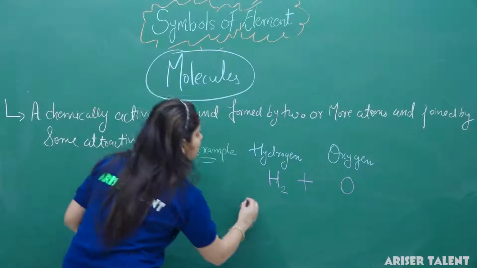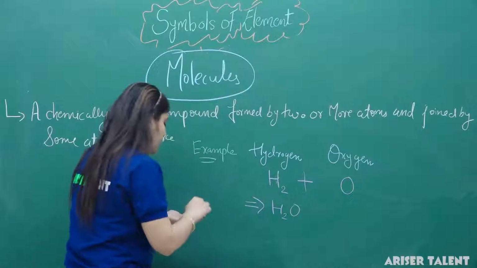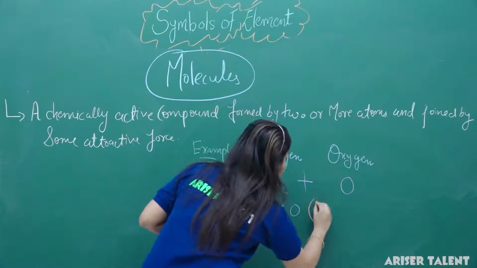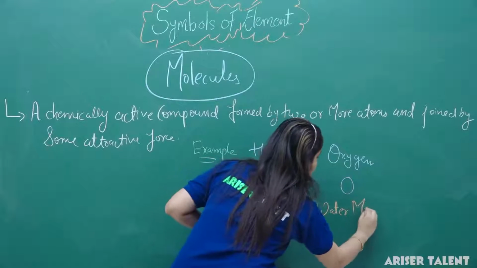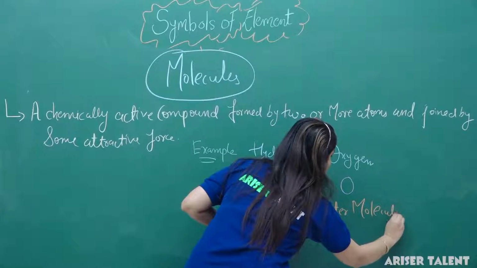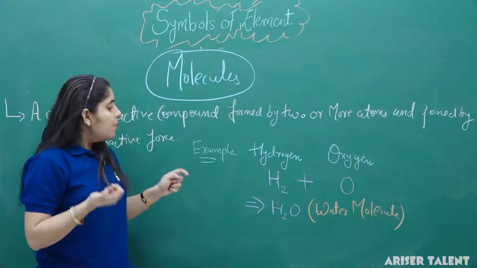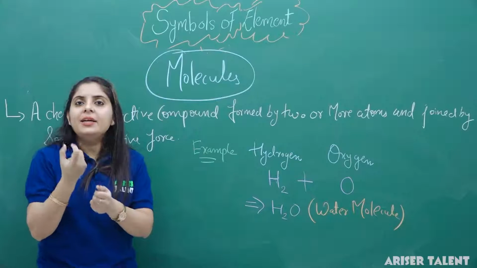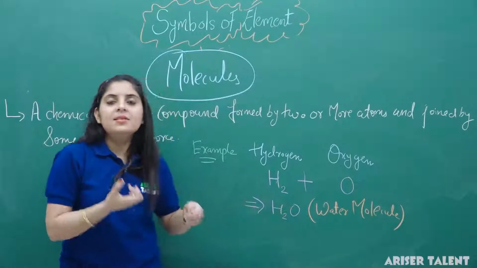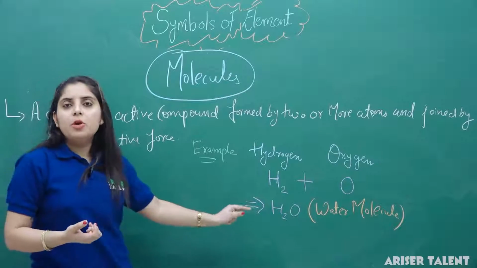So H2 plus O gives us H2O, and this is termed a water molecule. It means two different types of atoms combine with each other to form a particular compound, bound by some sort of attractive force between them. So it is termed a molecule.